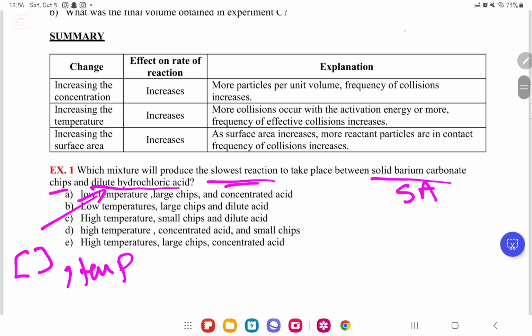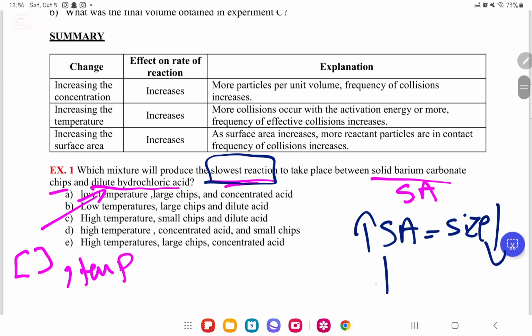So, let us see which of the following will produce the slowest reaction. If we have low temperature, large chips, so look, surface area, if you increase the surface area, the size becomes smaller. However, if you decrease the surface area, then the size becomes larger.